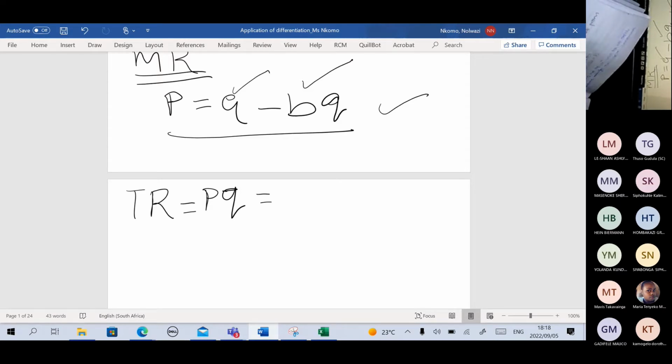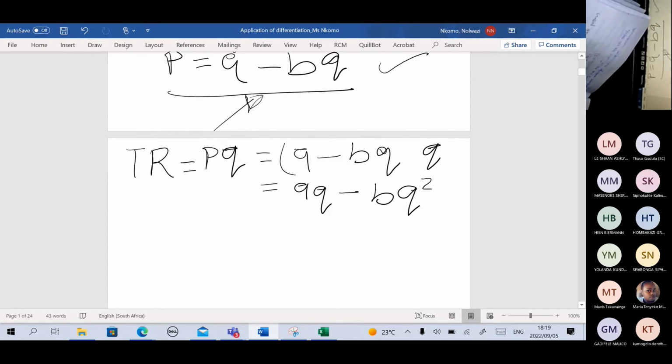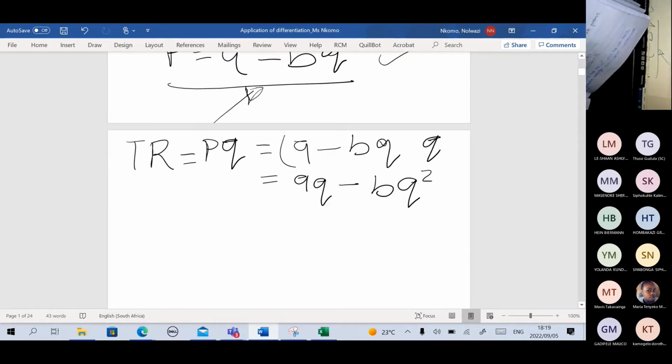Where P is given by this function, right? So we have (A minus BQ) times Q, which is AQ minus BQ squared, right? Okay, this is our total revenue.